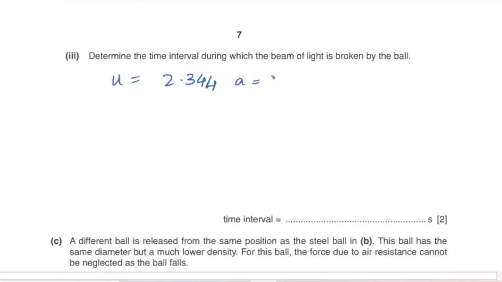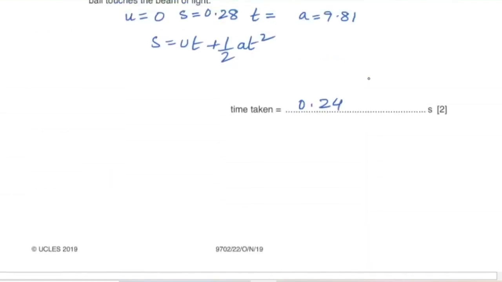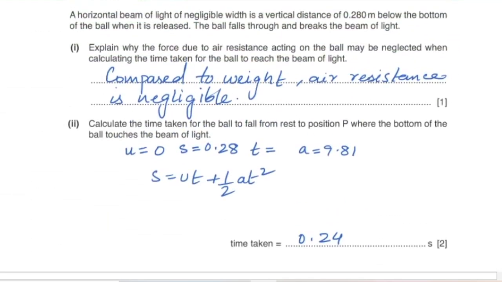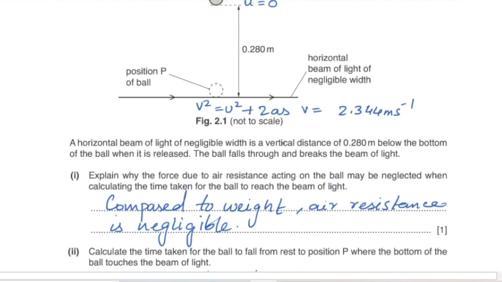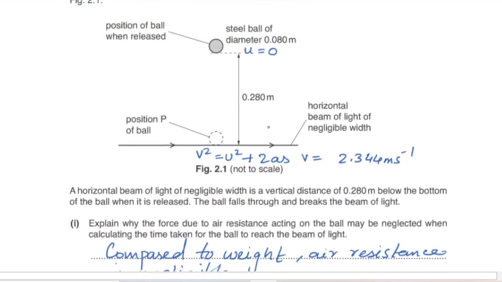Acceleration is still 9.81 as we are still neglecting air resistance. The distance it now has to travel to completely get through the beam of light is actually the diameter of the ball, because right at this point this ball is going to start moving through the beam of light, and when it crosses, it's basically covering its whole diameter.